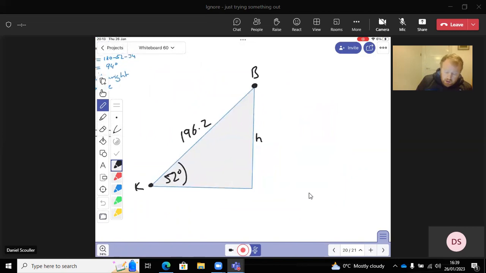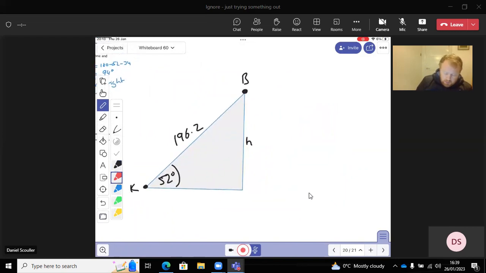Now we're working with a right angle triangle. Bringing a line straight down from B down to ground level, it's now created a right angle triangle on the left hand side of that. So now I've got a right angle triangle with an angle, the hypotenuse. Remember the hypotenuse is always opposite the 90 degrees.